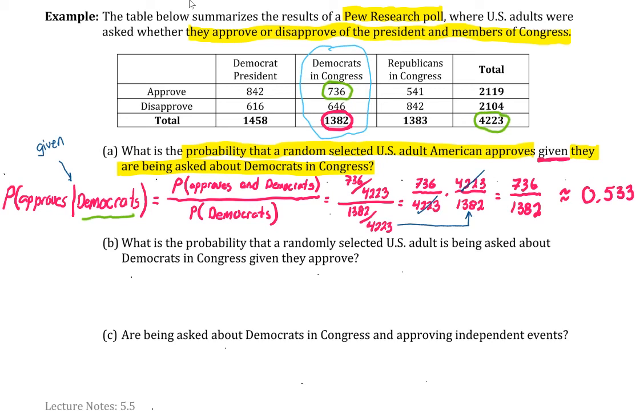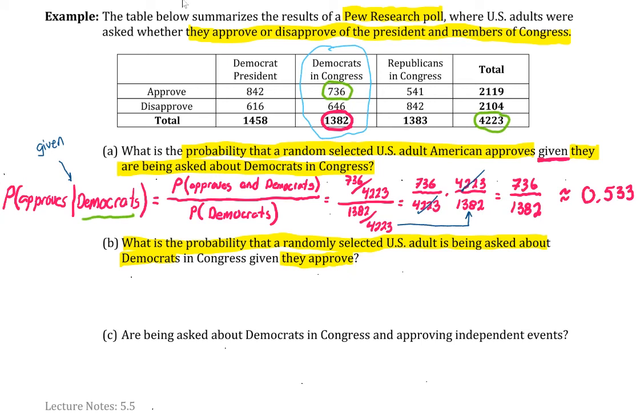Let's look at another example, or another part of this question. In Part B, we are asked, what is the probability that a randomly selected U.S. adult is being asked about Democrats in Congress, given that they approve?